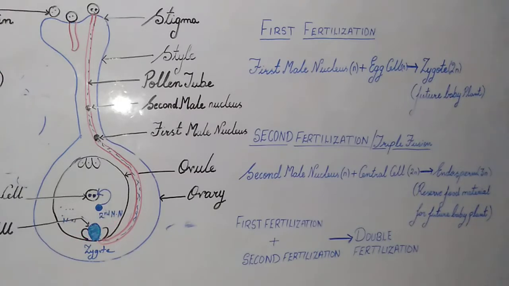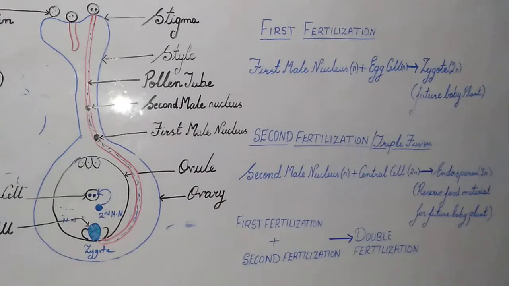It requires some nutrition. So endosperm is that nutrition which is formed after second fertilization. Endosperm वो nutrition होता है. Endosperm is that reserve food material. Got it, class? So endosperm is the reserve food material for the future baby plant inside the seed.